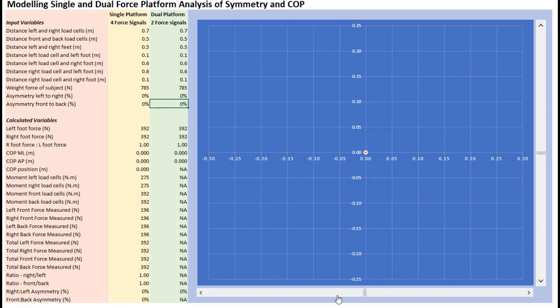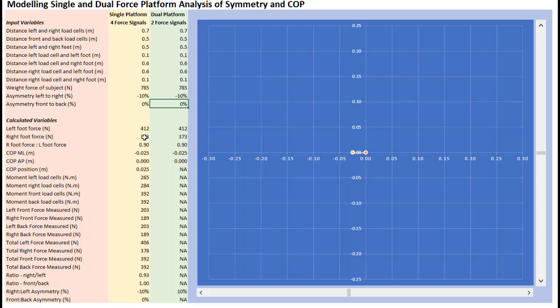So we'll start by examining the effect of asymmetries to the left or right, in other words in the mediolateral plane here. So we'll start off with an initial asymmetry of 10%. So the force going through the left foot here is higher than the force going through the right foot, and the actual asymmetry calculation is 10%.